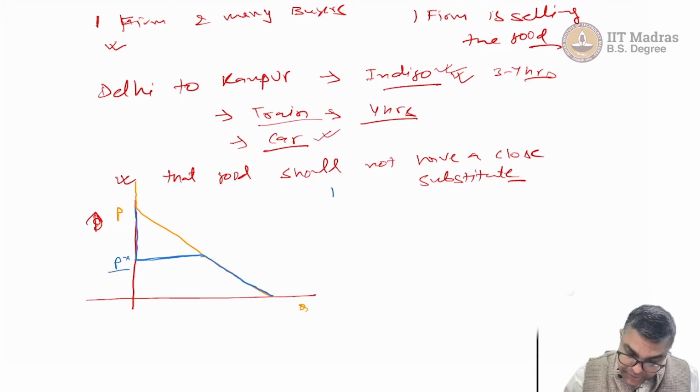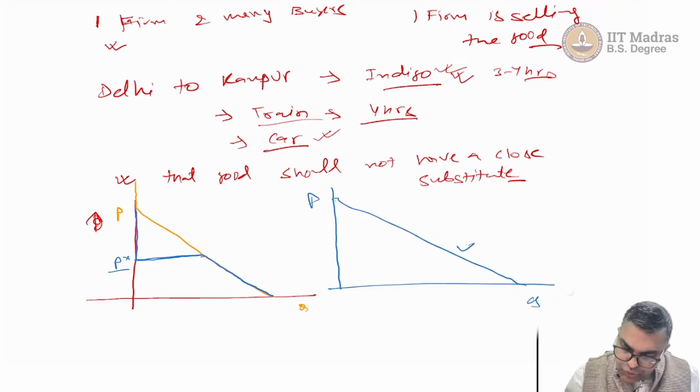But think about the monopoly firm. If this is the market demand, this is also the demand curve that the monopolist firm faces. There is absolutely no difference.